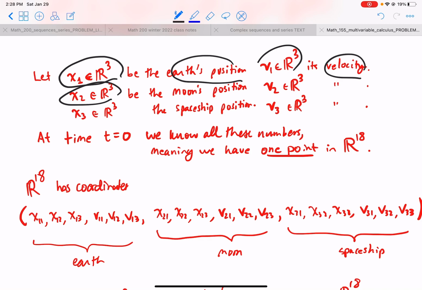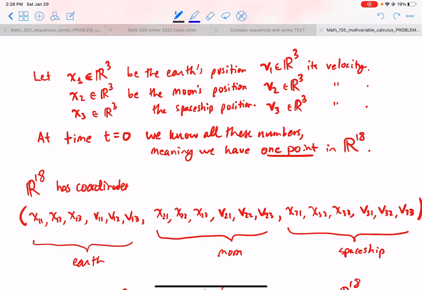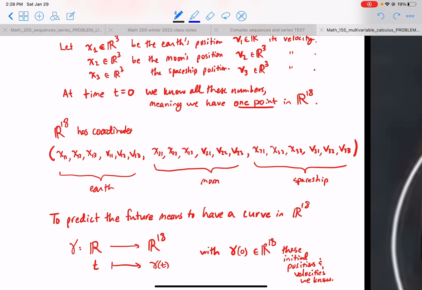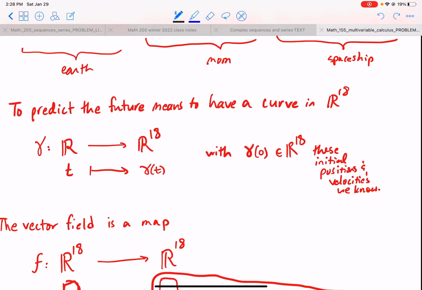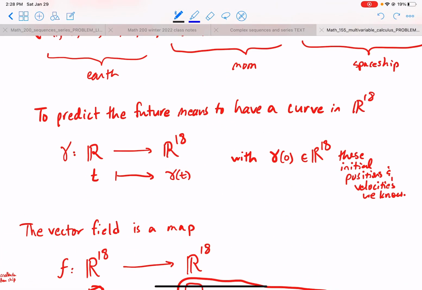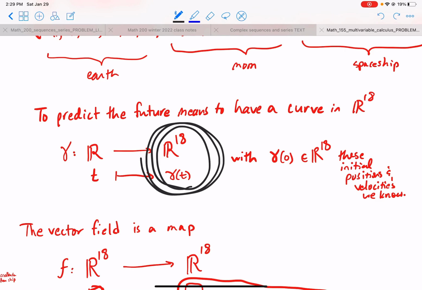Let x2 be the moon's position, and v2 its velocity. But you do it your own way. I definitely showed where the coordinates are. To predict the future means to have a curve in R18 that will predict the future positions and velocities of the Earth, moon, and ship, all of them.